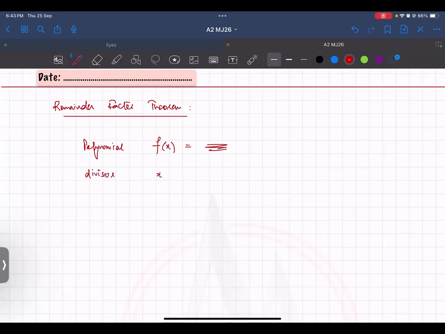The divisor is x minus a. So f(a), if you input the value from the divisor into the function, will get you the remainder directly. And if f(a) equals 0, it means the remainder is 0, and therefore x minus a is a factor.